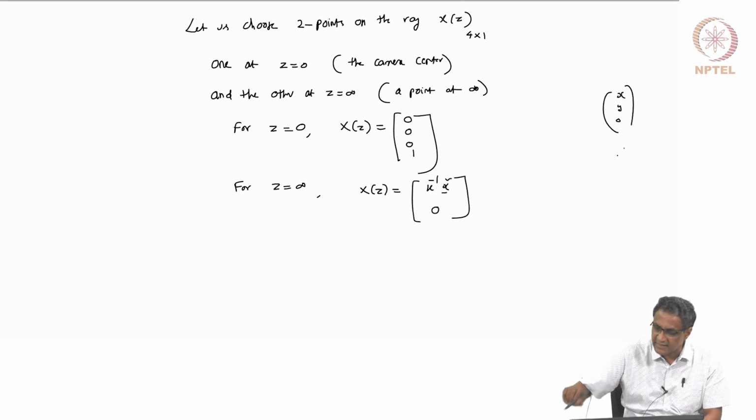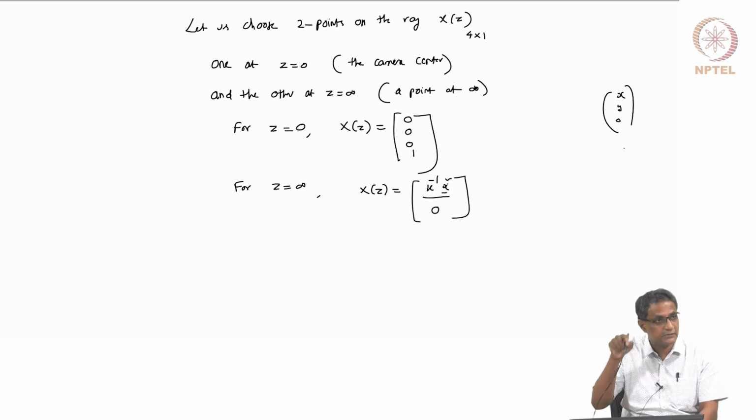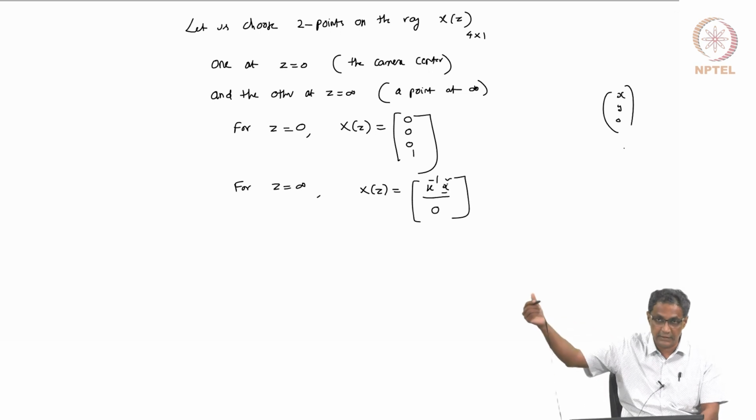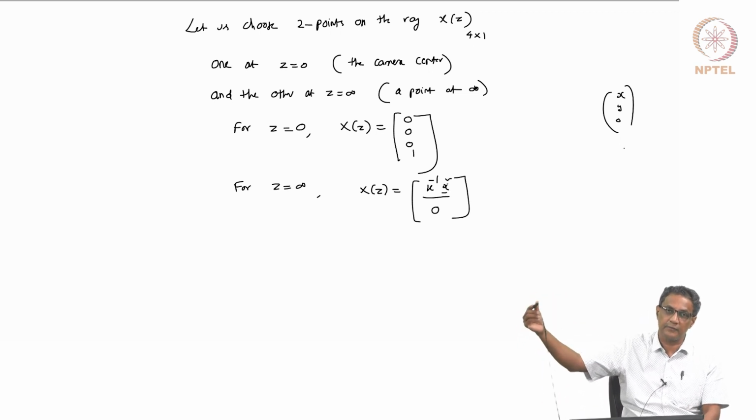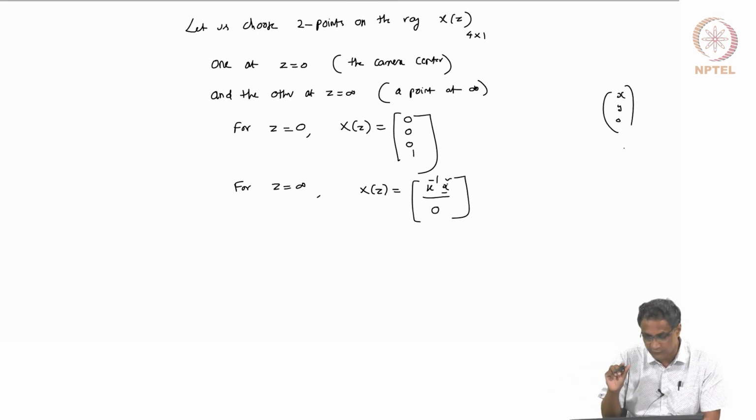In this case, K inverse x tilde stays because the relation that this whole thing should map to x tilde should still be there. We cannot have something arbitrary sitting there, because any point projected from that ray onto the image plane should map to x, y, 1.